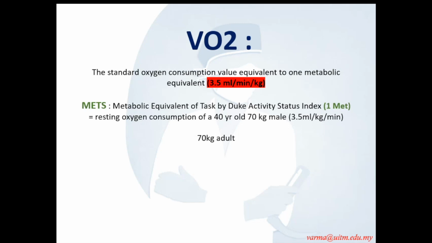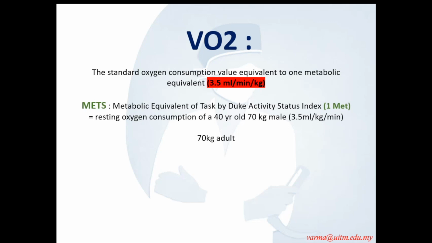Compared to someone with METs less than 4, their cardiopulmonary system is not good enough. They don't have that much reserve to increase oxygen consumption to meet the demand. They are physically not fit. A physically fit person can increase the oxygen consumption aerobically without going into oxygen debt or anaerobic respiration.